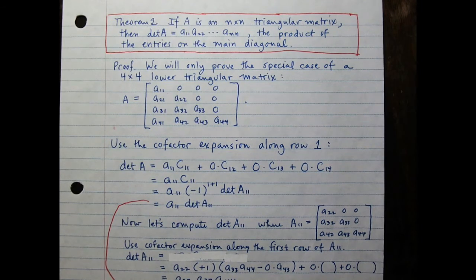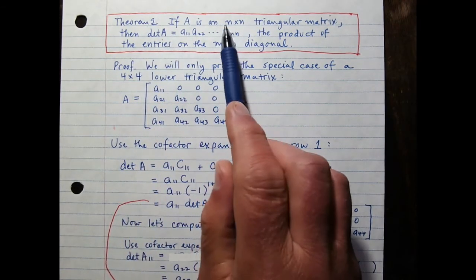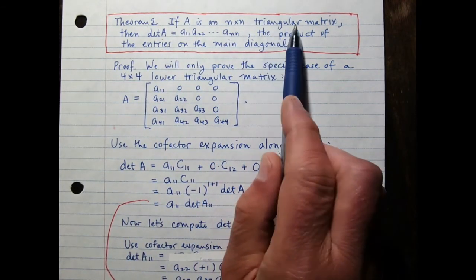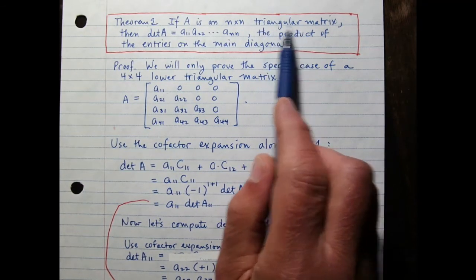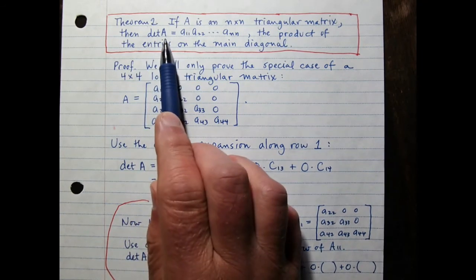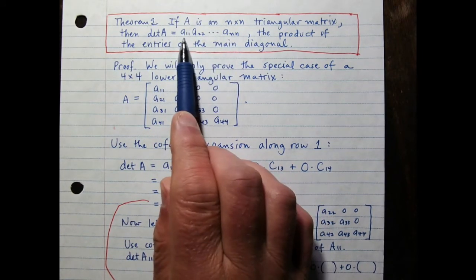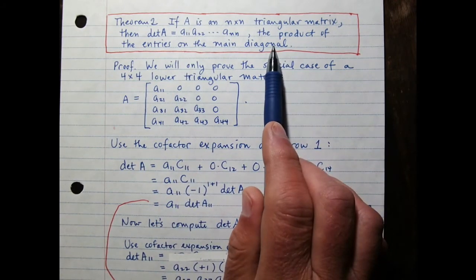So we are going to start learning about shortcuts to calculating determinants in certain situations. Theorem 2 is our first shortcut. If A is an n by n triangular matrix, remember that definition of triangular from the beginning of chapter 2, then the determinant of A is A11, A22 to Ann. That's the product of the entries on the main diagonal.